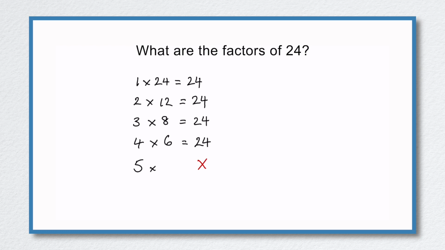And if we move on to the next number 6, well, we've already done 6 and 4, which is equal to 24. We don't need to go any further. So the factors of 24 are 1, 2, 3, 4, 6, 8, 12, and 24.